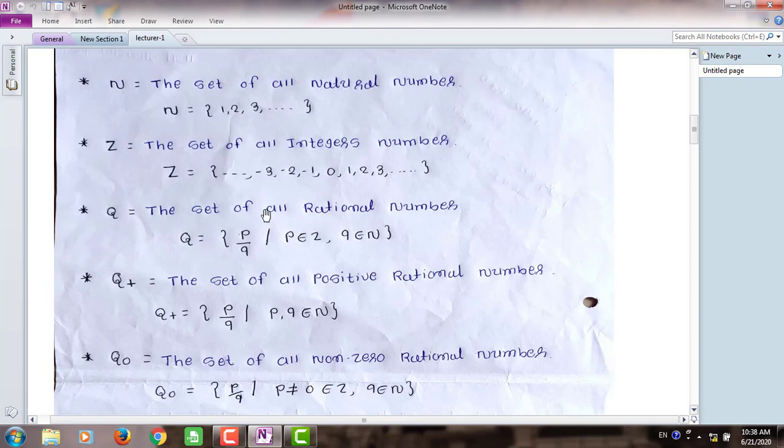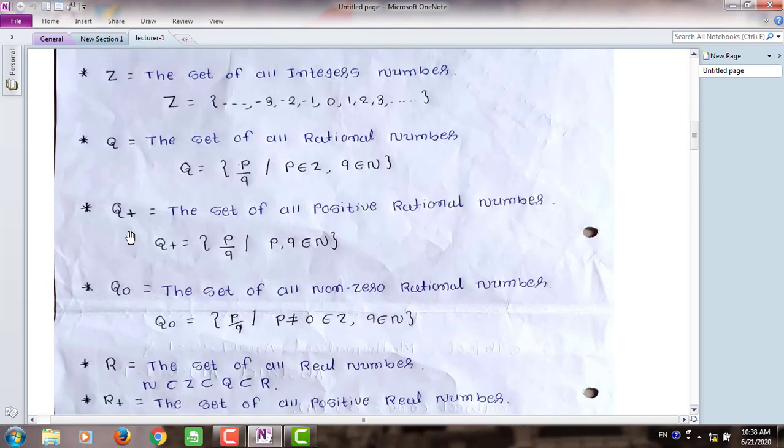It is denoted by Q, and Q is equal to p divided by q type elements, where p belongs to Z and q belongs to natural numbers. Natural numbers and integer numbers are all included in rational numbers.